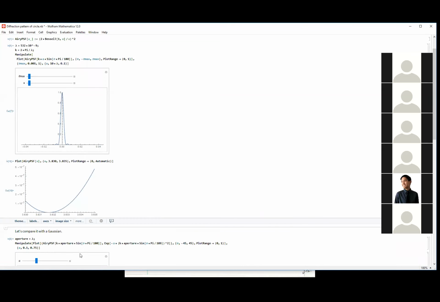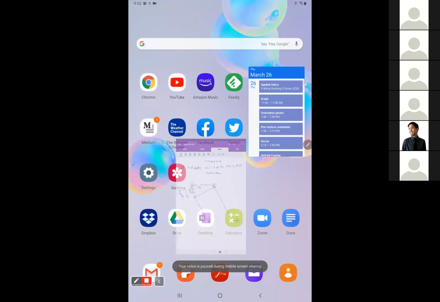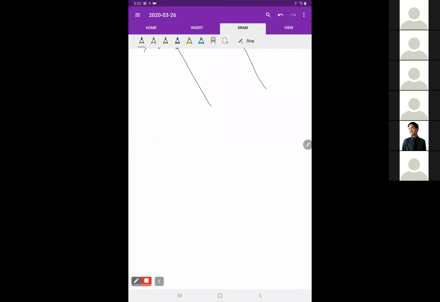So if we do that, let's work this out by hand. All right, we know that we get a 0 when Ka sine theta equals 3.83, give or take.